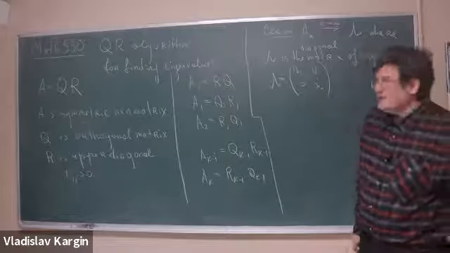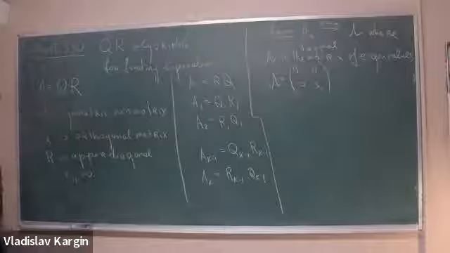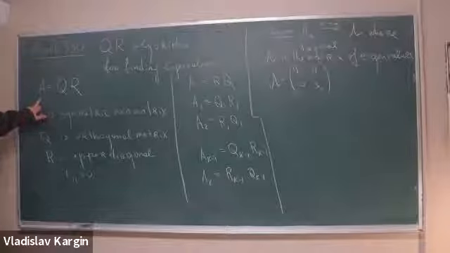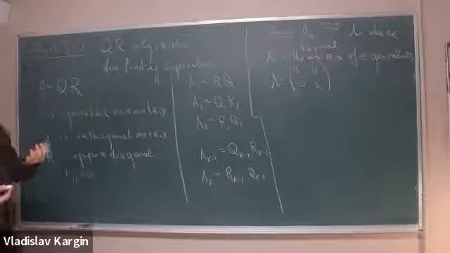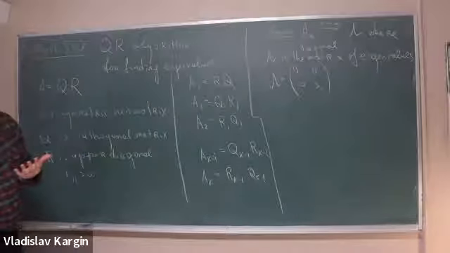In practice, before applying this algorithm, the matrix A is preprocessed and changed by orthogonal transformations, by multiplication by an orthogonal matrix on the left and its adjoint on the right.